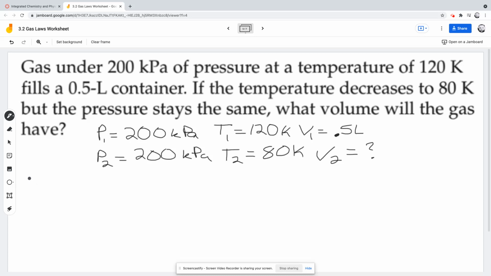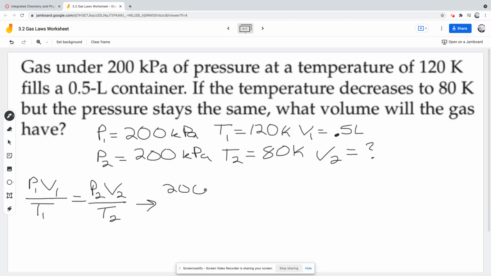So over here, I'm going to say P1 times V1 over T1 equals P2 times V sub 2 all over T sub 2. And so what does that look like?